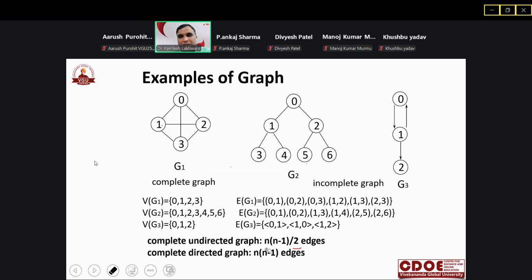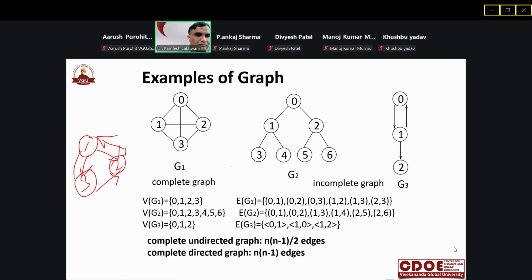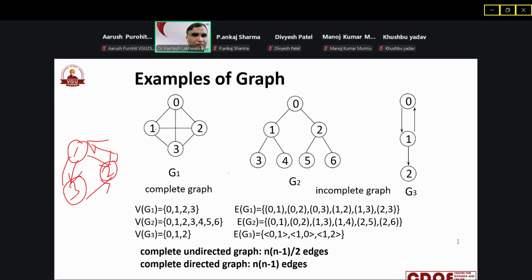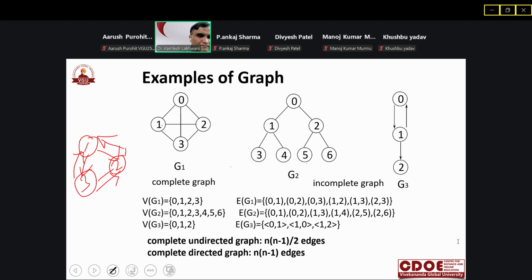Just try to understand with the help of an example. I'm just going to mention an example over here. Say there is a graph with node 1, node 2, and node 3. Right.